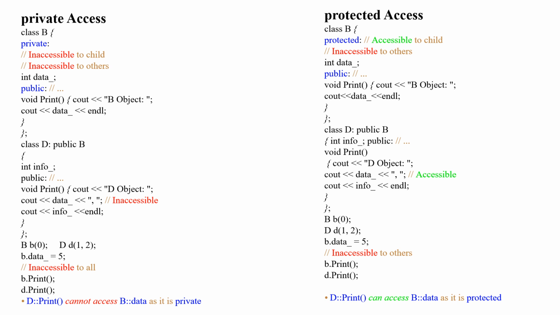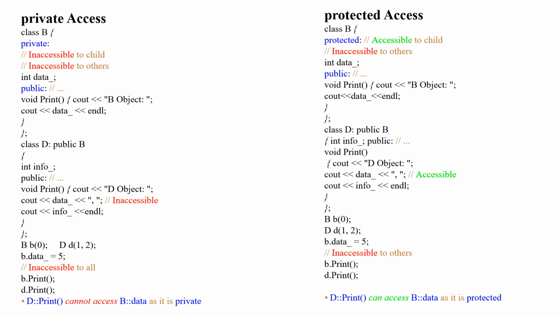When b.print is called, it prints out the message indicating it's a B object. It successfully prints out the value of data underscore, which is 5 because we modified it earlier. When d.print is called, it prints out the message indicating it's a D object.